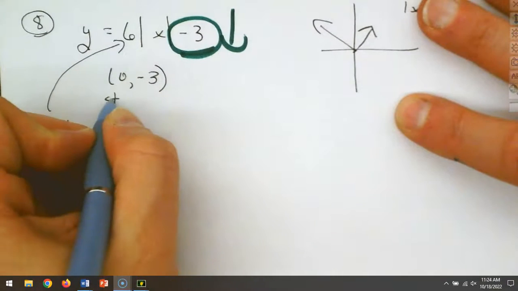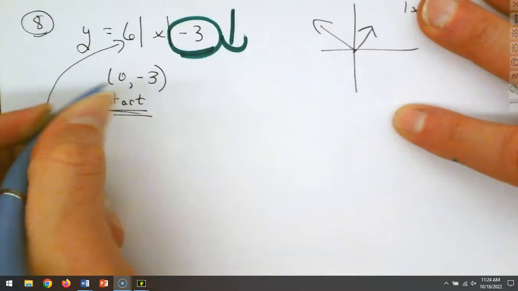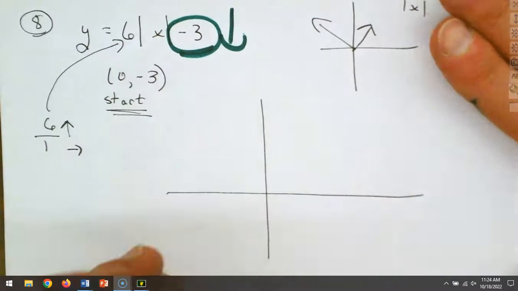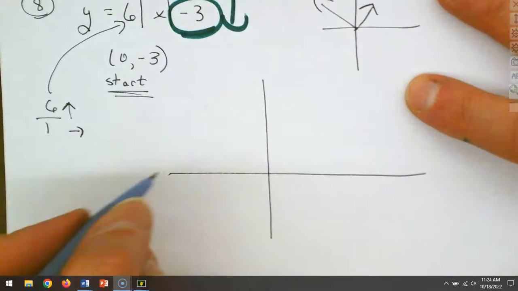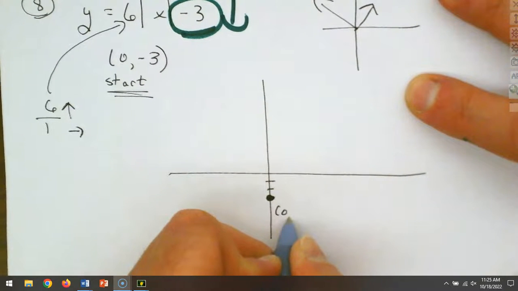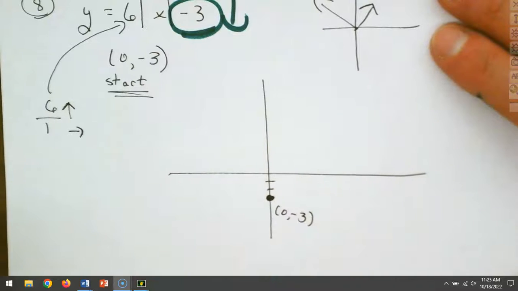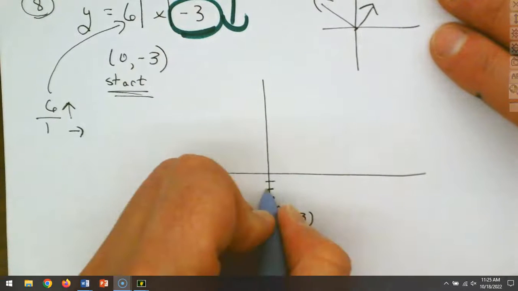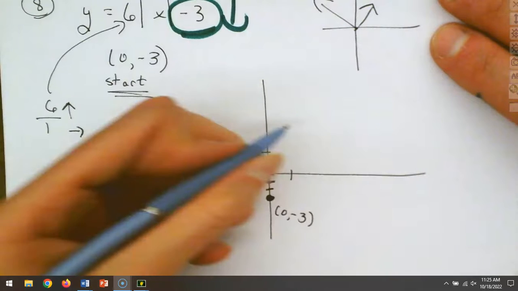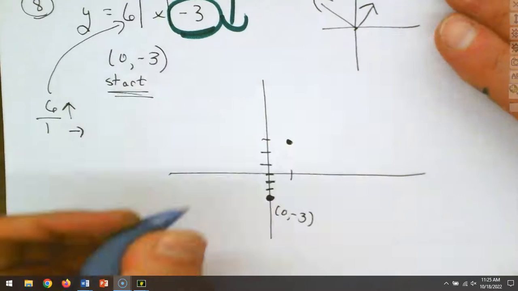So this is where we start at, at 0, negative 3. So that's down 3 units. And then up 6, so 1, 2, 3, 4, 5, 6, over 1. Make a dot right there.